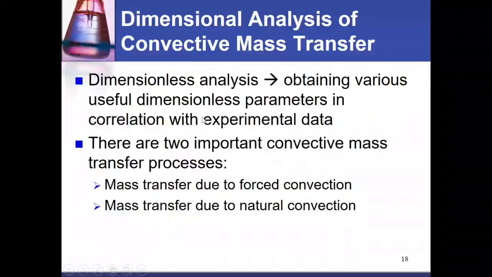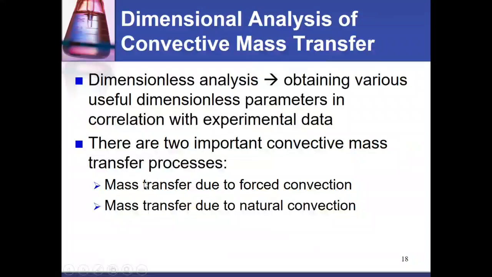So it's like prediction of which dimensionless parameter would depend on which others, and then we can run experiments to collect data and then establish a correlation to relate these dimensionless parameters to each other, and from that we can predict the convective mass transfer coefficient.